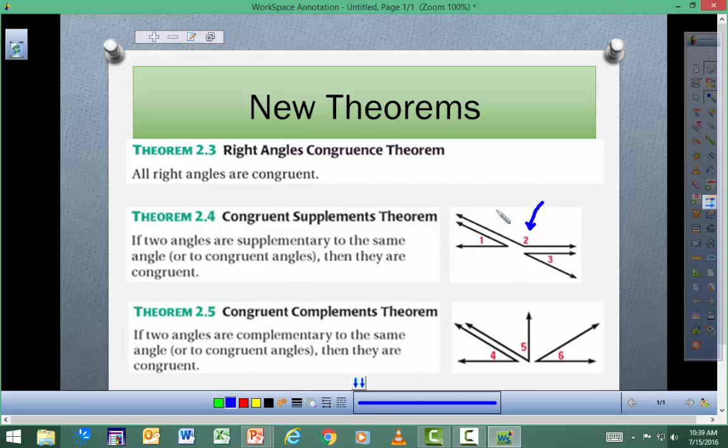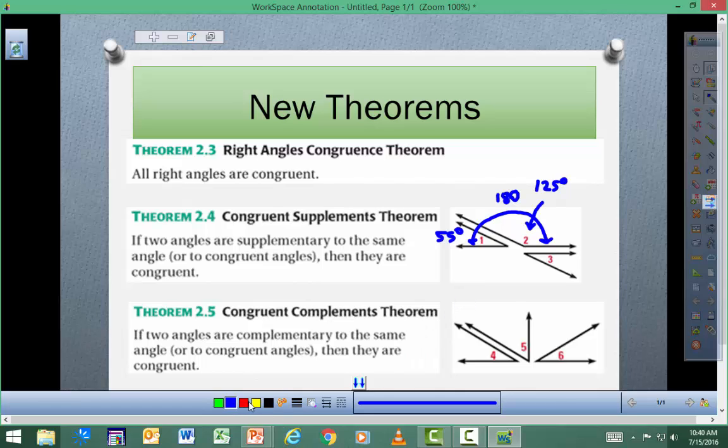Let's say this angle is 125 degrees, and it's supplementary with this angle over here, which would mean what? Well, they both have to add up to 180 together, right? So that would mean that this one is 65 degrees? No, 55 degrees. 55 degrees, okay?